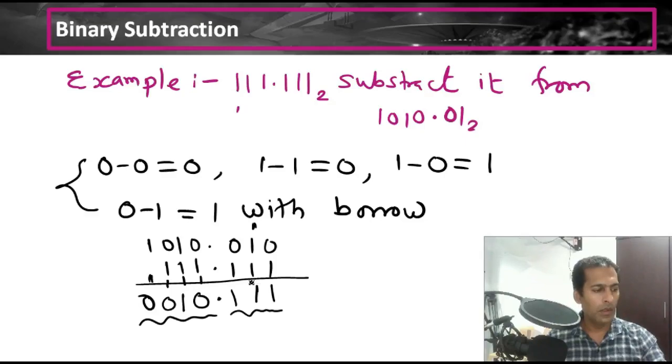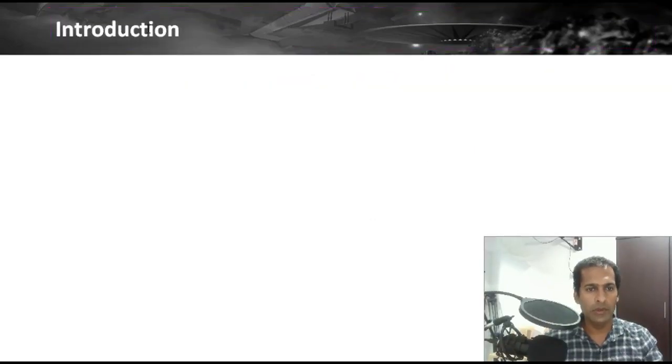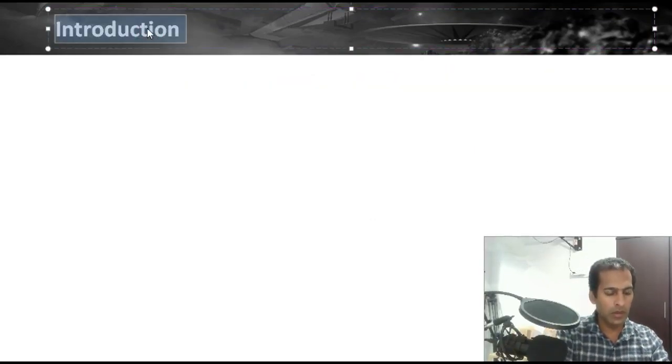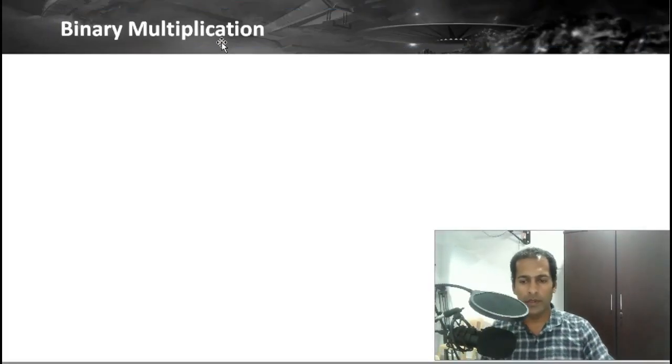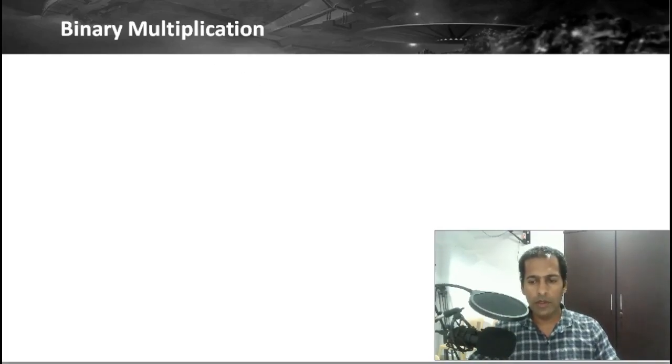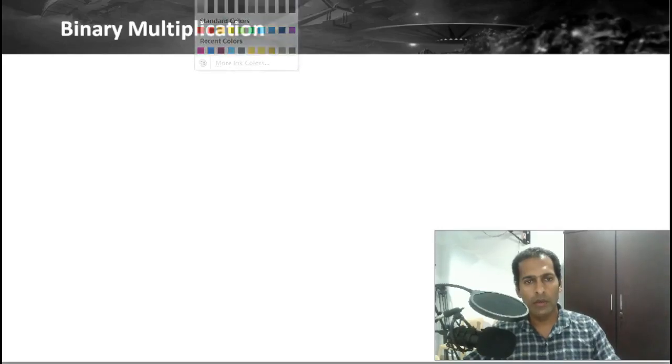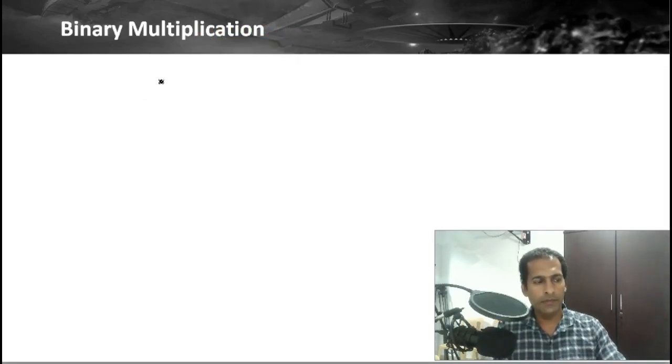Right. Now as we have this subtraction, similarly we can have the multiplication. So let us see examples on binary multiplication. As we have rules for addition and subtraction, similarly we have rules for the multiplication. So multiplication rules are similar to what we have in our normal multiplication.